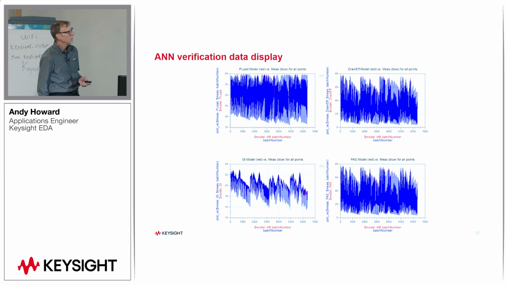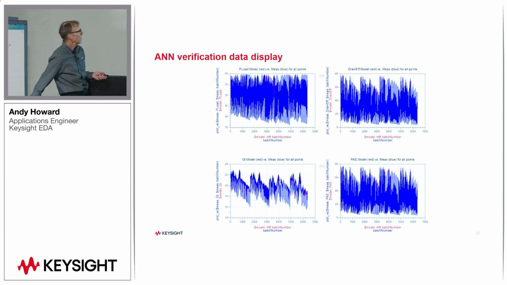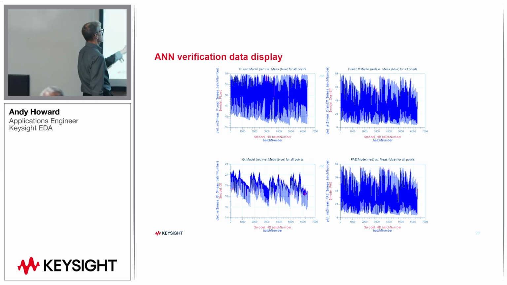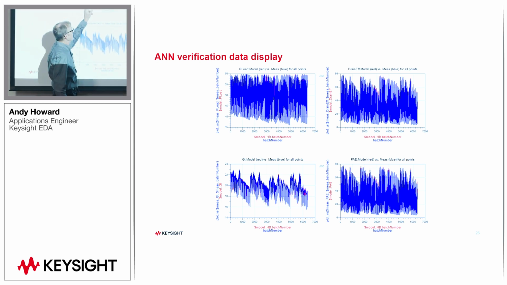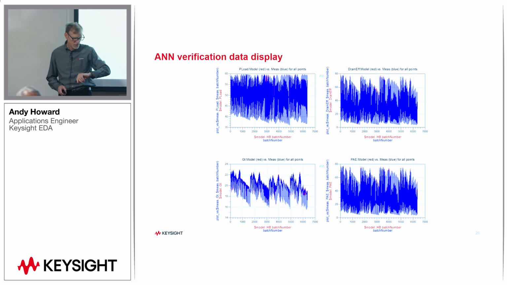Then it automatically creates a plot for comparing the data. These are very close to each other, so that's an indication that the ANN model is working well. The x-axis is a different combination of the input parameters.